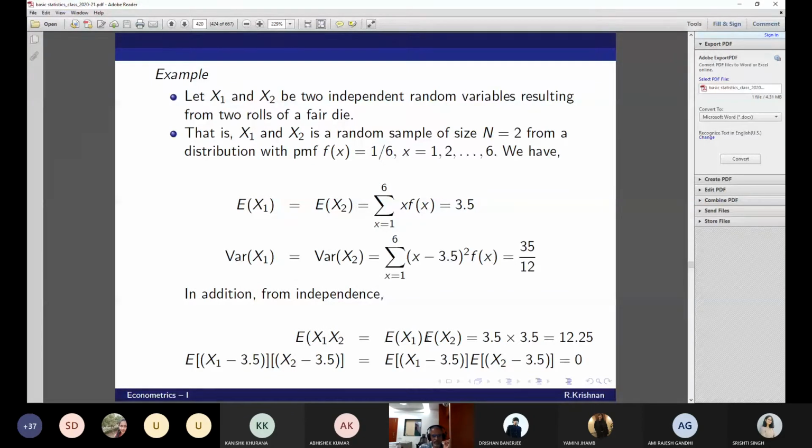From independence, E(x1 x2) is equal to 12.25, because of the independence we can write it as a product of two expectations, and the covariance is 0 because of the independence.